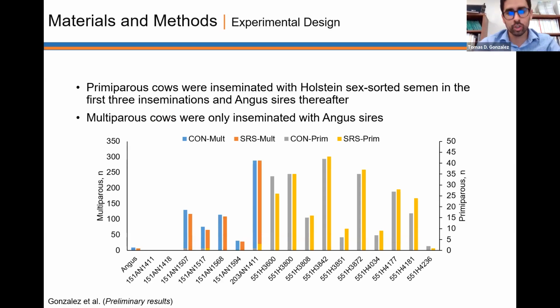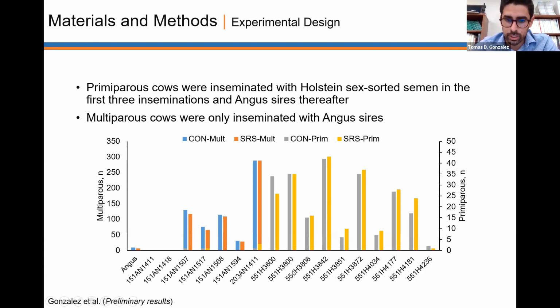Something the farm does for the primiparous cows is use sexed semen for the first three inseminations; after that they use Angus sires. On the right side here, you see the primiparous cows and the distribution for the first, second, and third service, so how the semen is distributed.